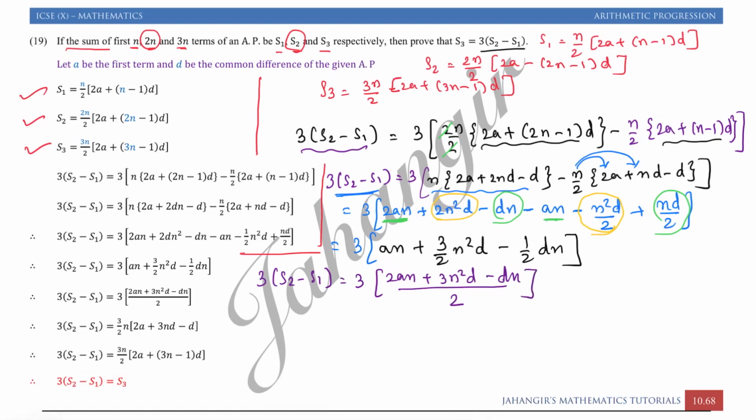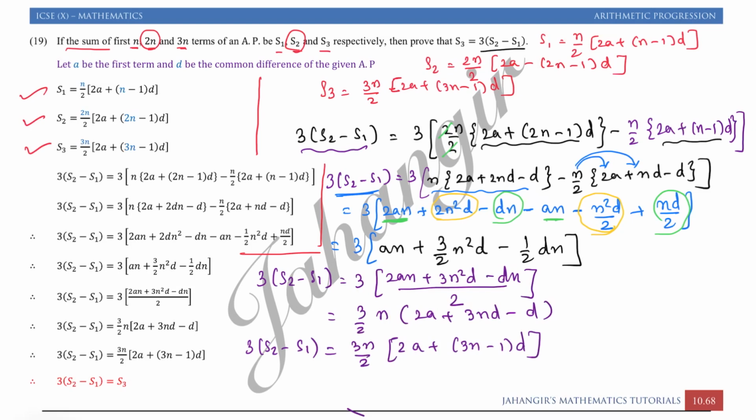So this can be written as 3 by 2, and taking out n common from the numerator, we will get 2a plus 3nd minus d. So this becomes 3S2 minus S1, that is equal to 3n upon 2 in bracket 2a plus 3n minus 1 into d.